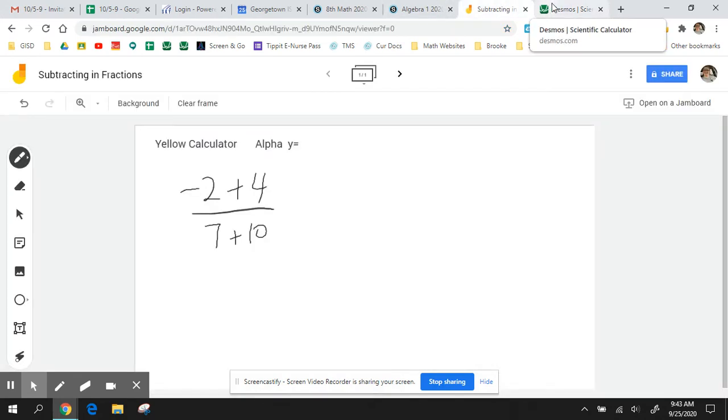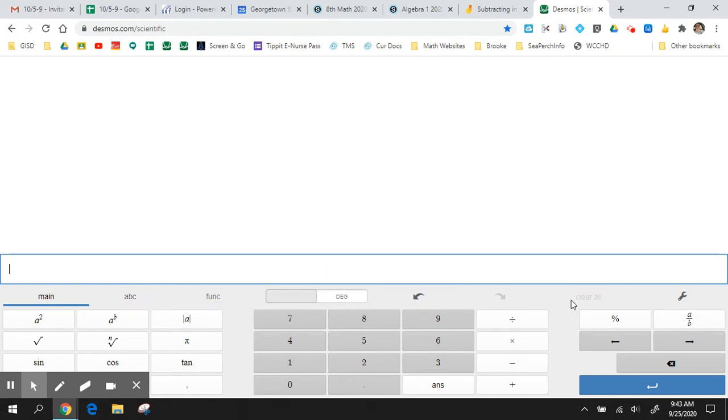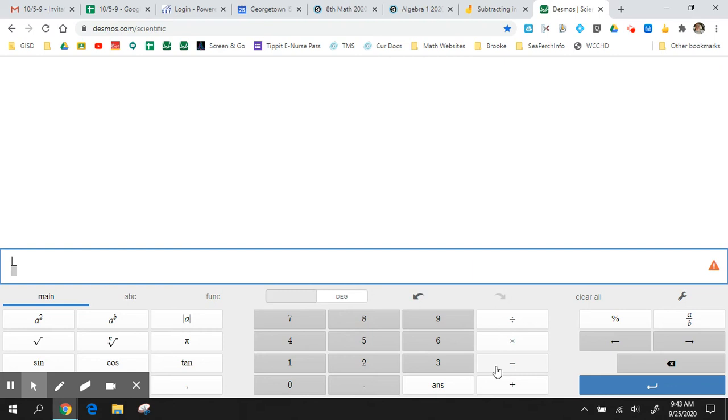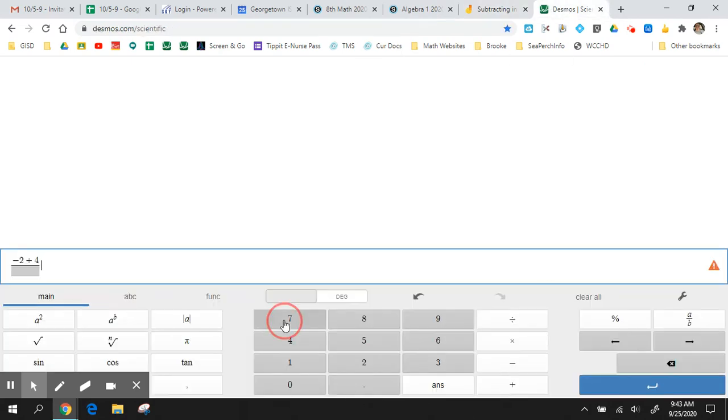My problem is negative 2 plus 4, making sure I'm on the top here. Now negative 2 plus 4, and my denominator was 7 plus 10. Now I realize you could do 7 plus 10 in your head.